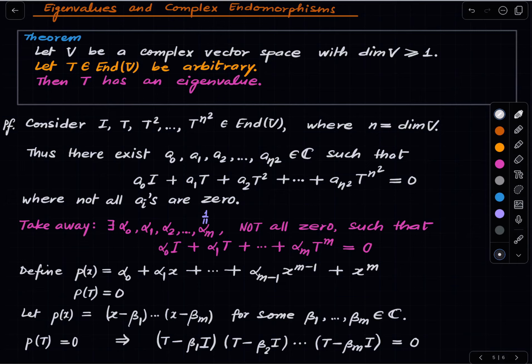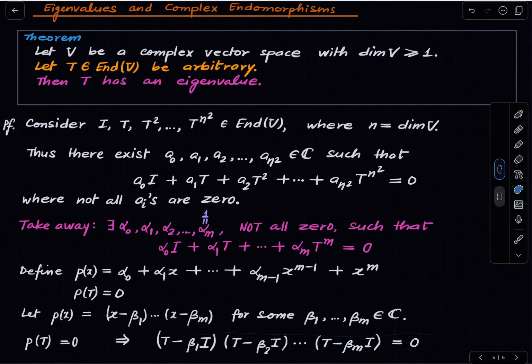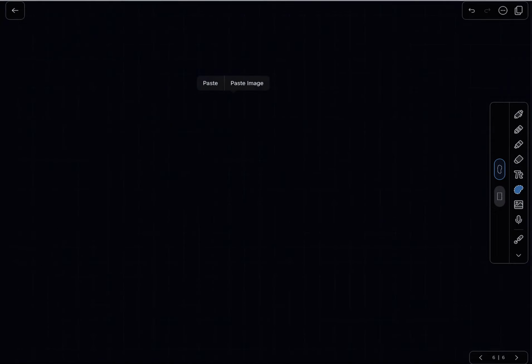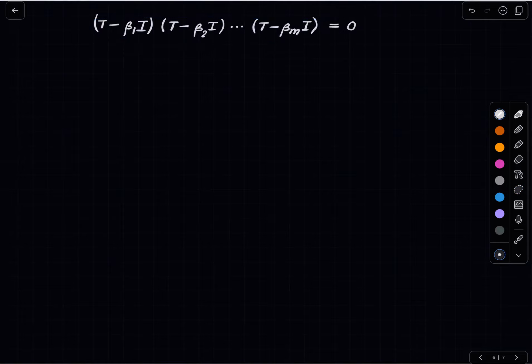And to finish the proof, we claim that. Let me repeat this last line. We have deduced this much. Now we claim that some T minus beta i times identity is non-invertible.